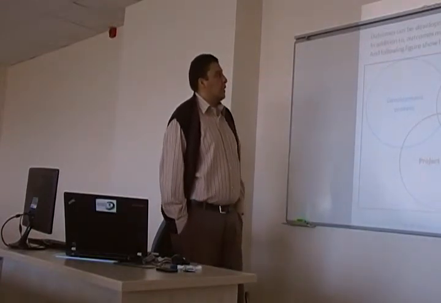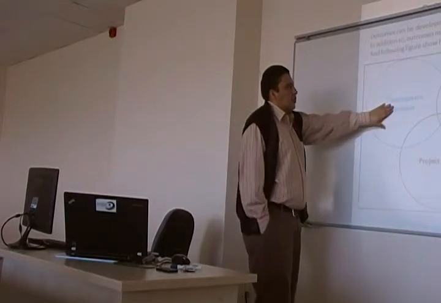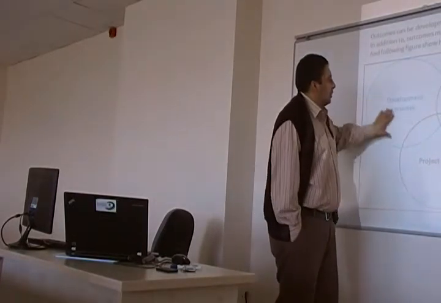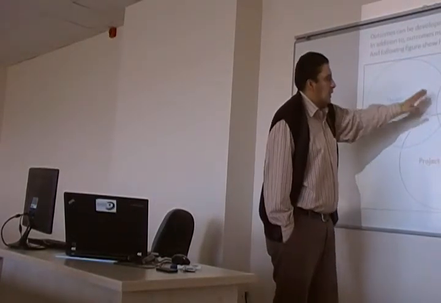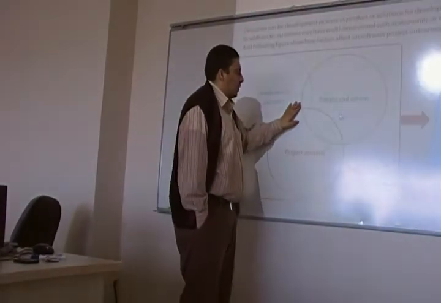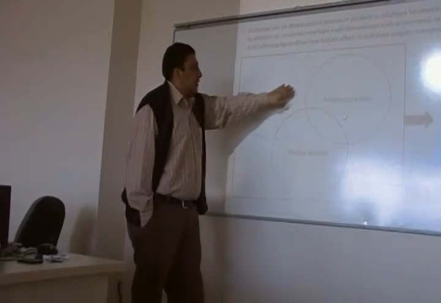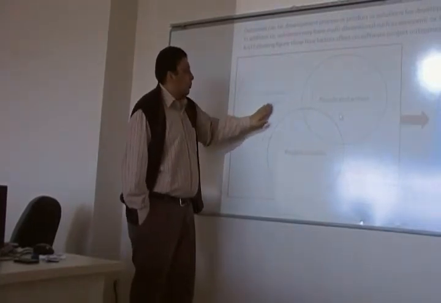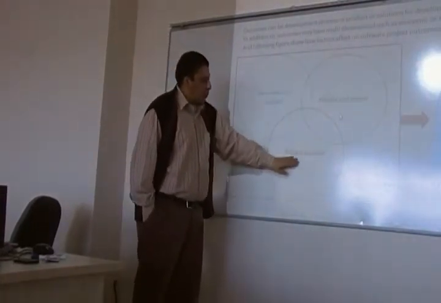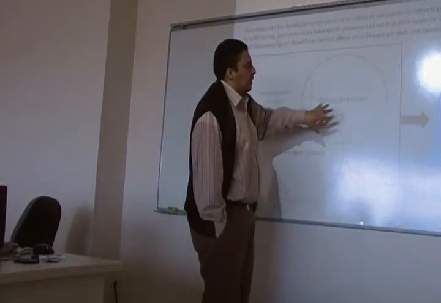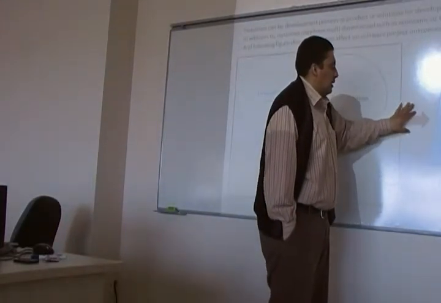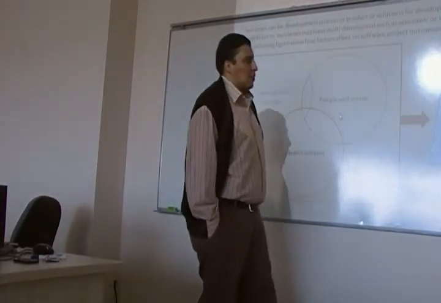The following figure shows factors affecting software system development: people and action, intersecting with the development process, intersecting with project context, give us the outcomes of the project.